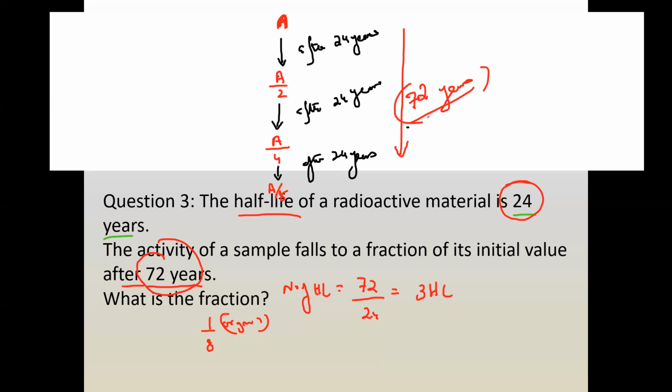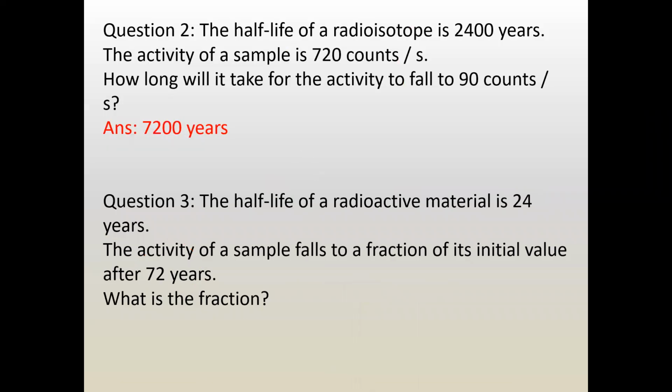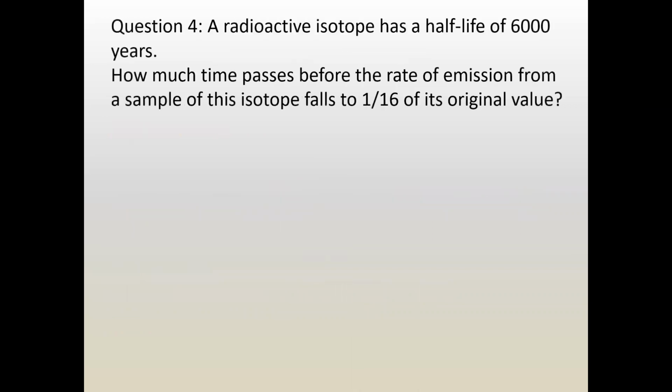So after 72 years, the original sample was A, and we are left with A by 8, or 1 by 8 of the original will be active. So 1 by 8 or A by 8, we can also say.